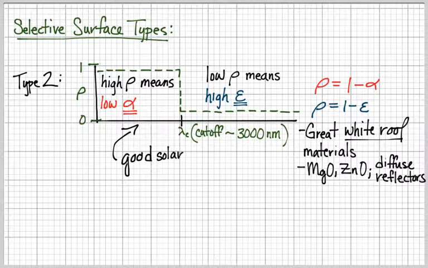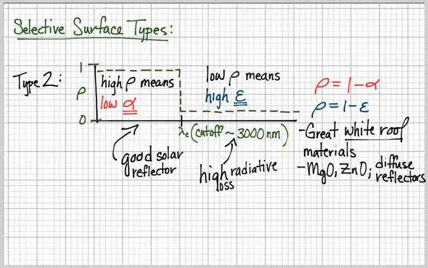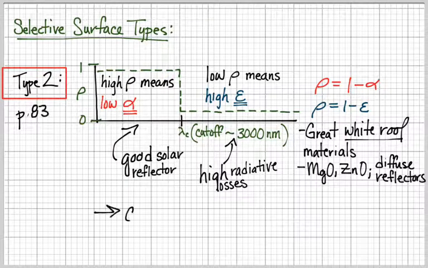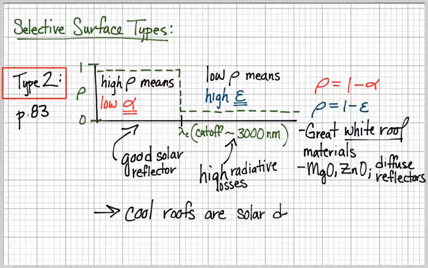So we have something that is a really good solar reflector, a diffuse reflector, and it's going to dump long wave radiation out into the sky. So perfect for cool roofs. This is just another way of pointing out that cool roofs are ultimately good solar design. We're just using the properties of the material as a selective surface.